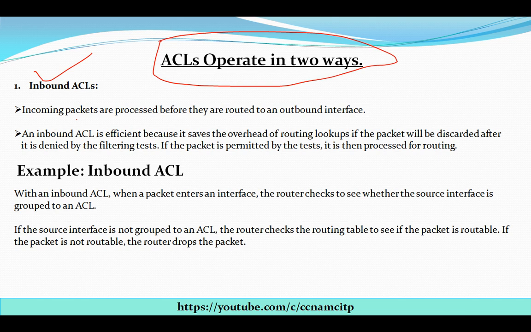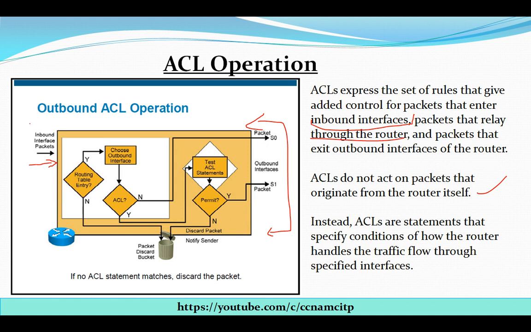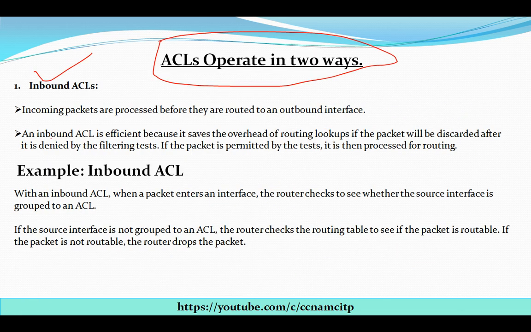First of all, what will happen here? Incoming packets are processed before they are routed to an outbound interface. For example, if any packet is coming from this inbound interface, it will be processed before going to the outbound interface. There is a certain process it has to follow. And inbound ACL is efficient because it saves the overhead of routing lookups if the packet will be discarded after it is denied by the filtering test.